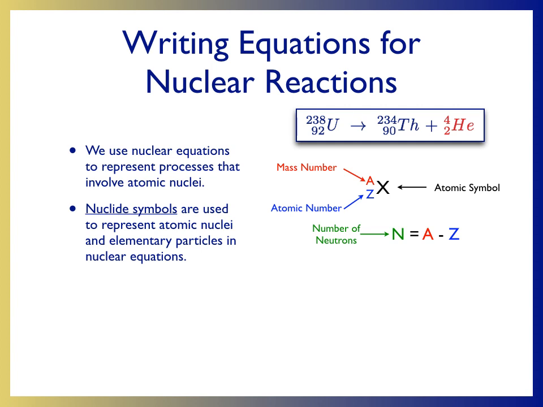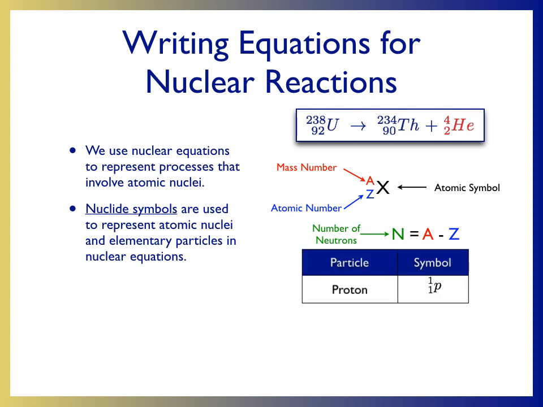We can also write nuclide symbols for common particles that may show up in different reactions. For a proton, we use the symbol a lowercase p. The mass number for a proton is always going to be 1. Since the proton is a subatomic particle, instead of using an atomic number, we actually use the charge on the particle.